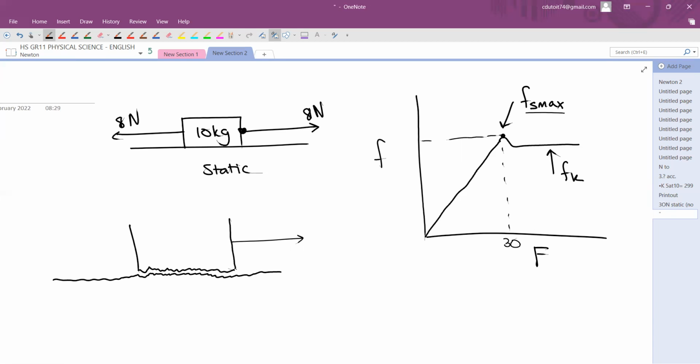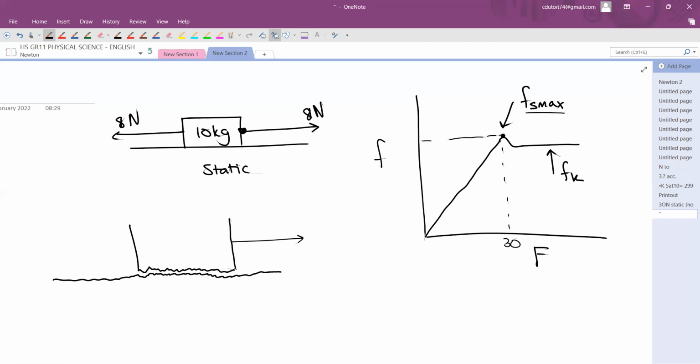But once it's moving, it's easier to move around because there's less friction on the object once it is moving than when it's static. Do you understand that? Yeah. It's got to do with Newton's first law, inertia. An object at rest doesn't want to move.